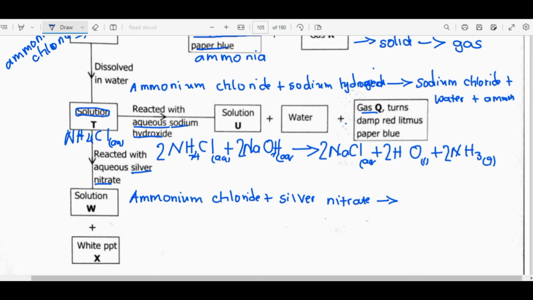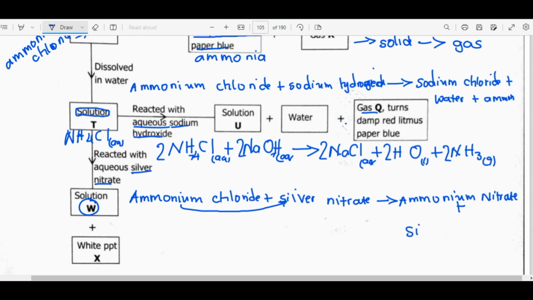So with this white PPT, there will be a double displacement here. The silver will be displaced by ammonium, and the ammonium will give us ammonium nitrate. Ammonium nitrate is a soluble salt, and this is our solution, which is W, plus the silver will get the chloride.